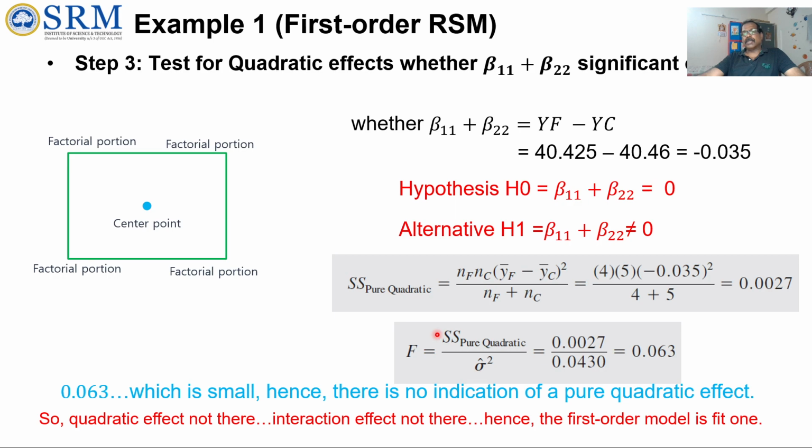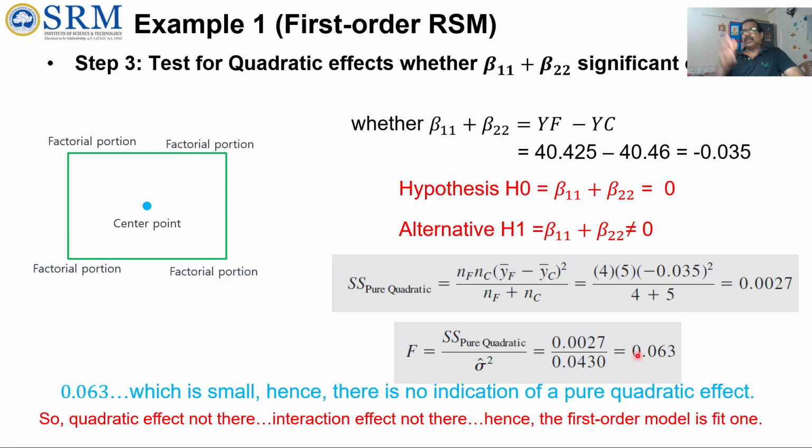Here nF and nC: nF is the number of factorial points, nC is the number of center point observations. In the center portion we did 5 repetitions, in the factorial portion 4, so 4 into 5, times 40.425 minus 40.6, where 40.6 is the average of the 5 center points and 40.425 is the average of the 4 factorial points. That gives beta 1 1 plus beta 2 2, substitute that in the f, so that we get the f value.